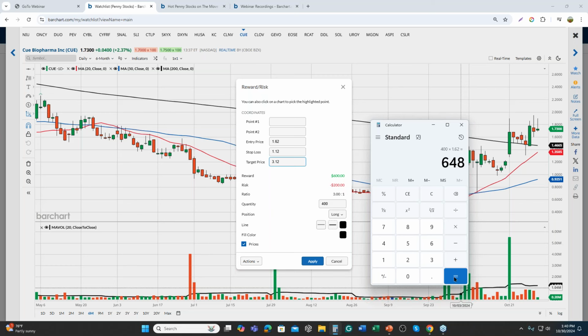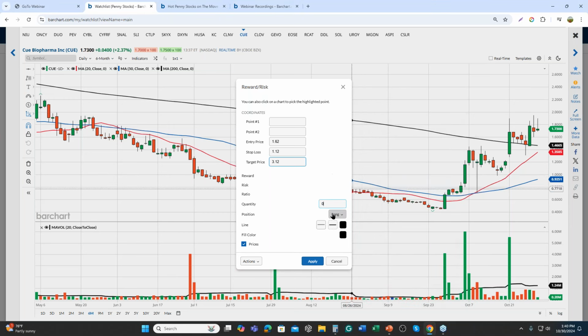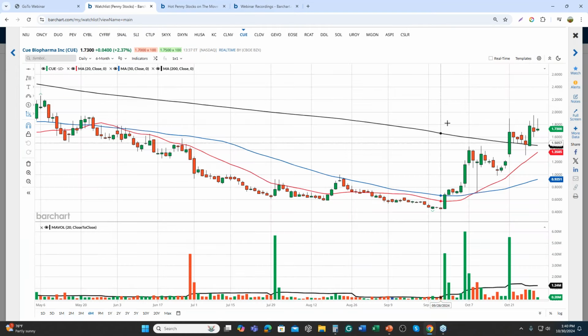And if I have a $10,000 account and I want to cap that at 5%, that would be $500. So again, all I have to do is say $500 divided by my entry price, 1.62. That gives me 308 or 300 shares.